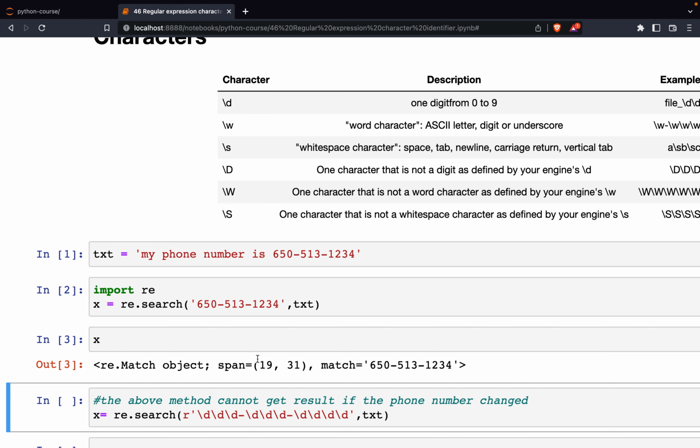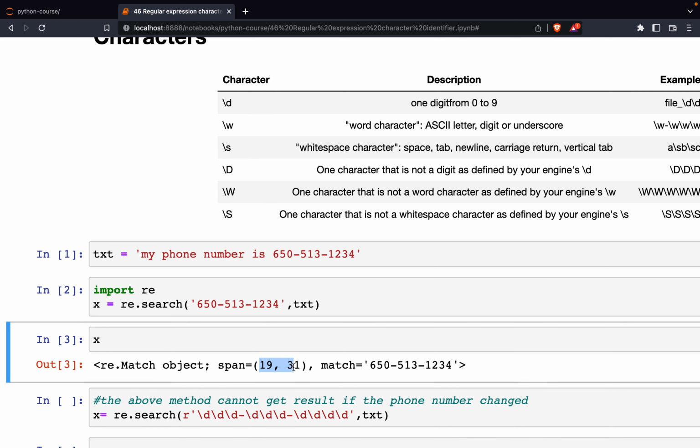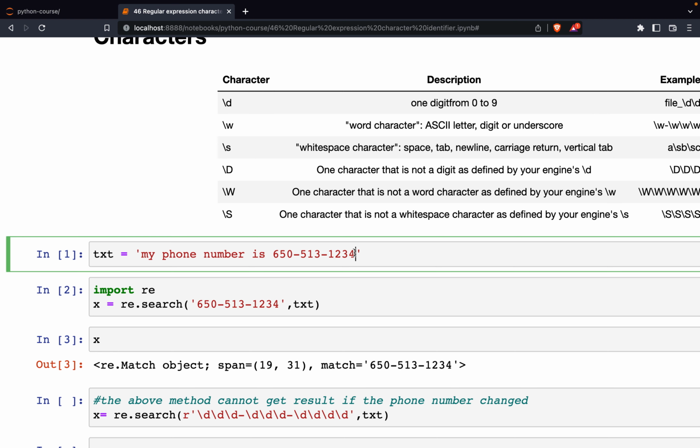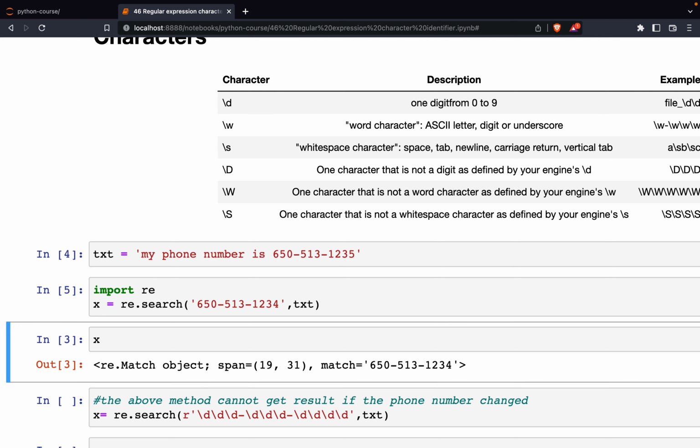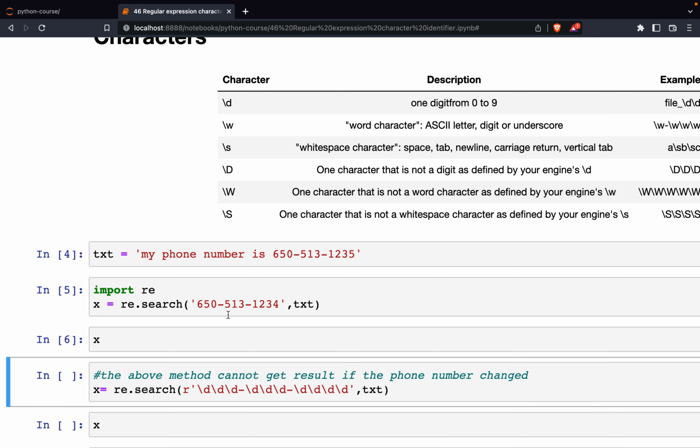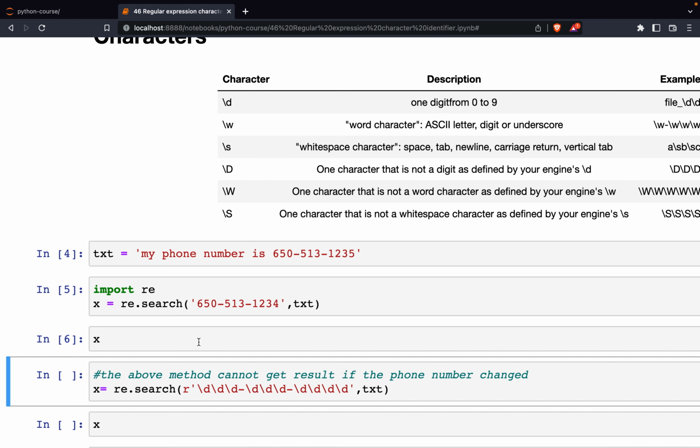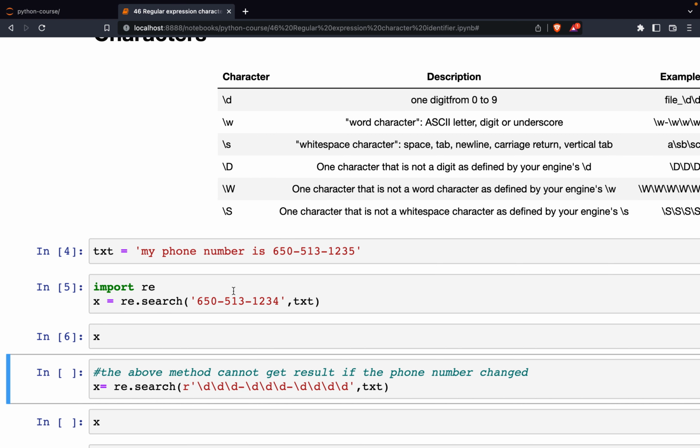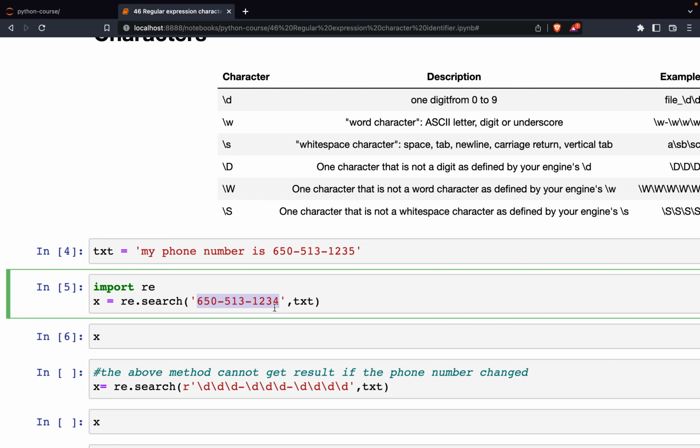The span is from 19 to 31, and the match is this one. But if you change these phone numbers, you can see there are no matches here. So if you just want to get the phone numbers, or to check whether there is a phone number with this pattern, and the pattern is 3 digits and a dash, and then 3 digits and a dash, and then 4 digits.